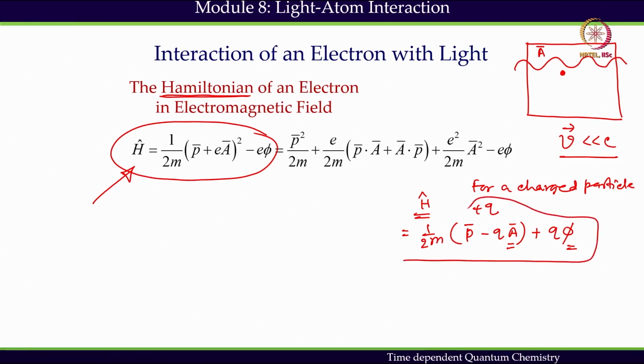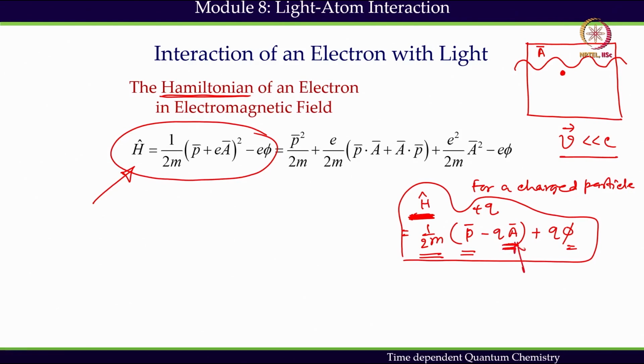The final form for a charged particle is what we can remember: if a non-relativistic charged particle Q is interacting with light, with its vector potential, then the total Hamiltonian would be represented by 1 by 2m, then the momentum operator minus QA.